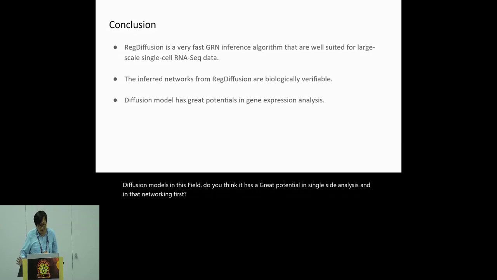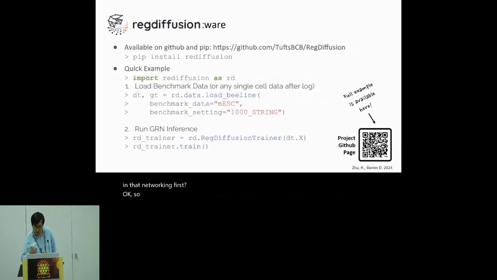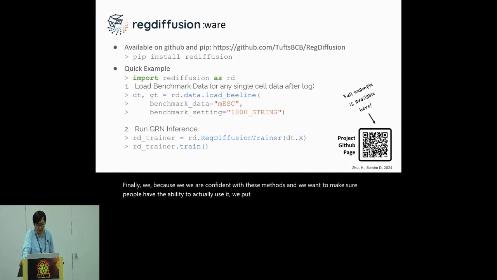Okay, so finally, software. Because we are confident with these methods, and we want to make sure people have the ability to actually use it, we put quite some effort into developing this software. It's available on GitHub and PyPI.